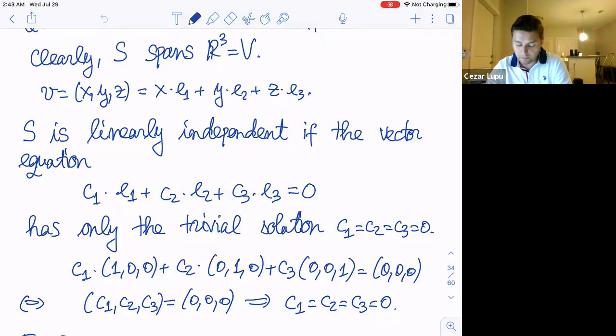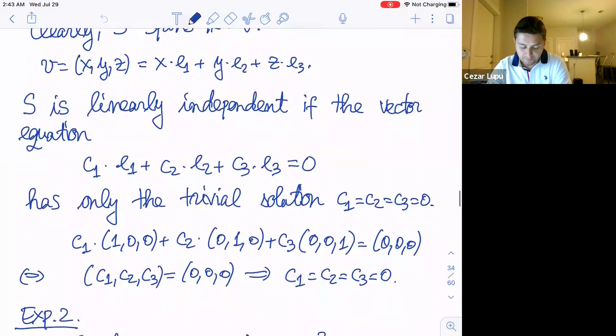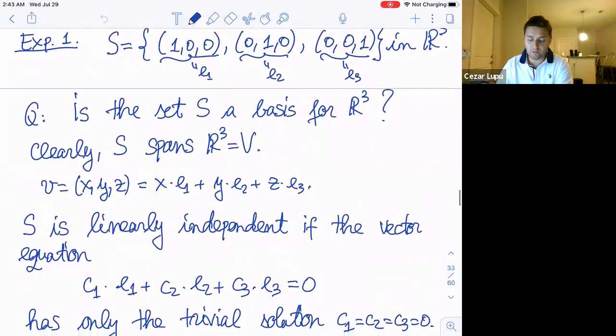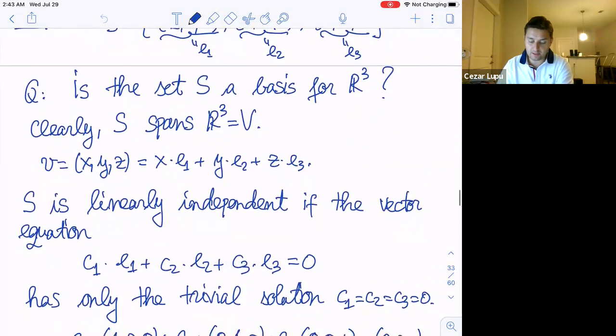Therefore, the components must all be equal to 0, and that's it. So it's very easy to see. All right, so this is the first example. Clearly, this is a basis for R3, so the answer is yes.